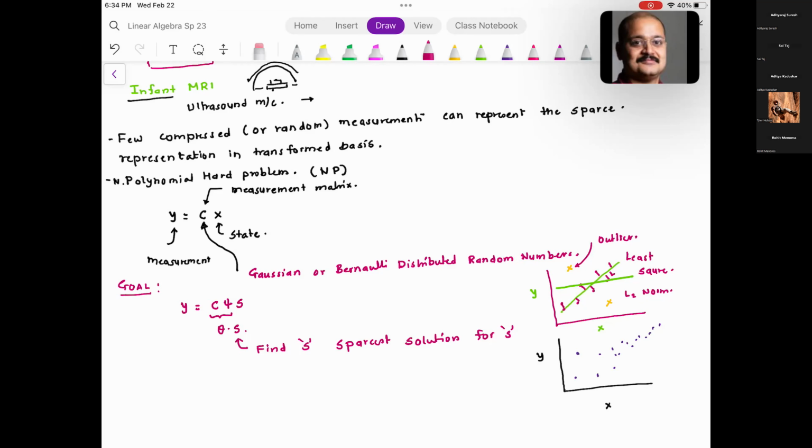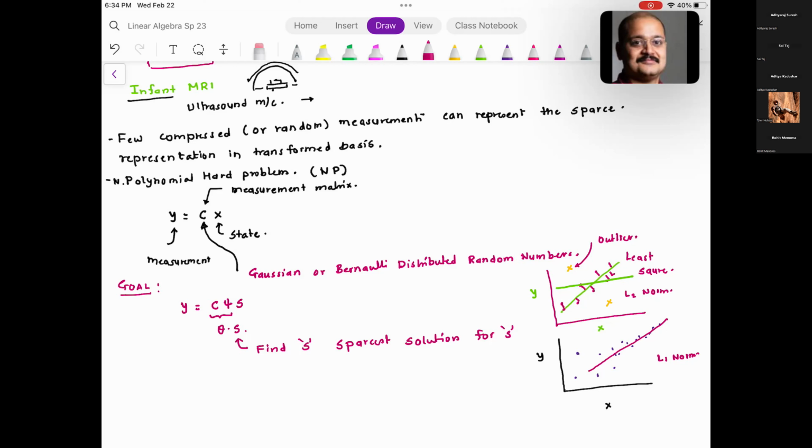So what you want to do is fit an L1 norm solution. L1 norm will conveniently ignore the data that is out of bounds, and it will try to find a line that is very close to the points that are clustered together.